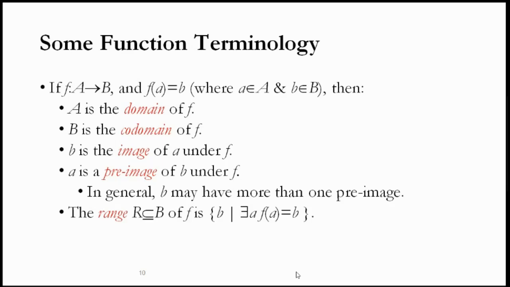The range R, a subset of B, of function f is b, where there exists a such that f of a is equal to b. So here the b part is called the range. These are the terminologies that are to be used and learned, and you will get these terminologies in our next lectures also.